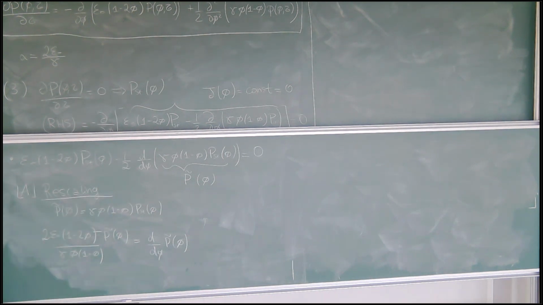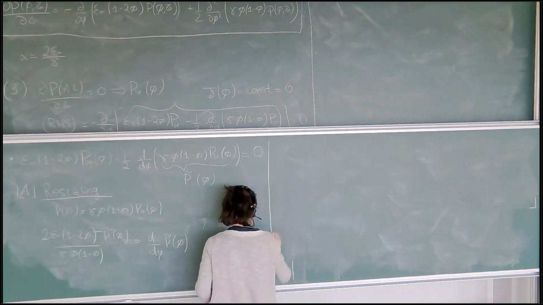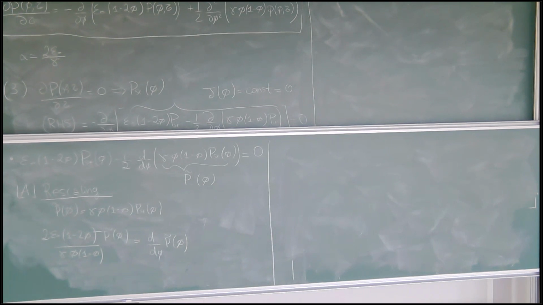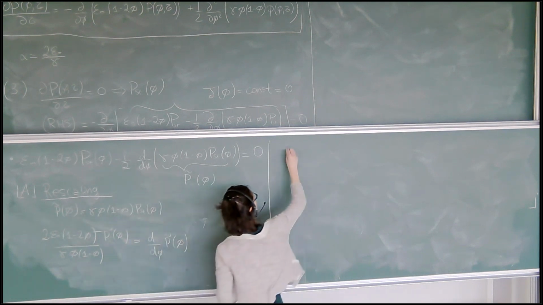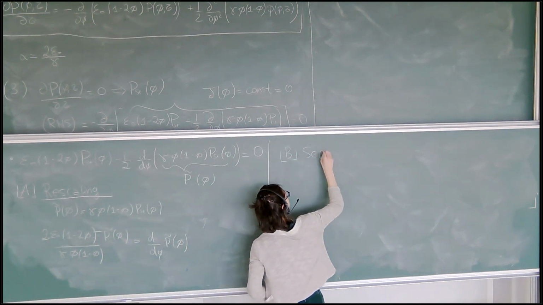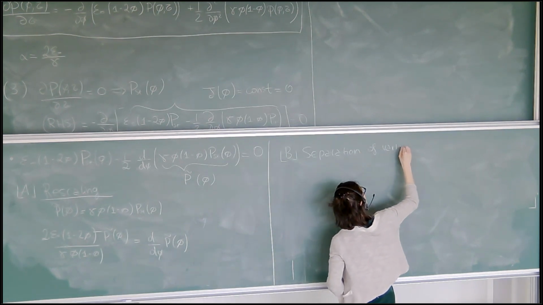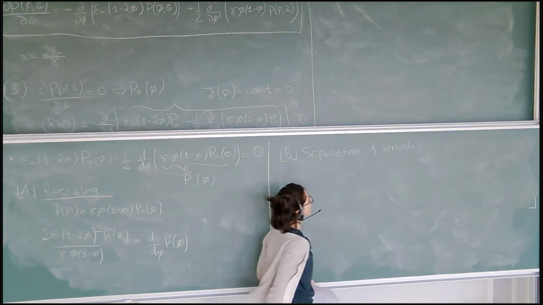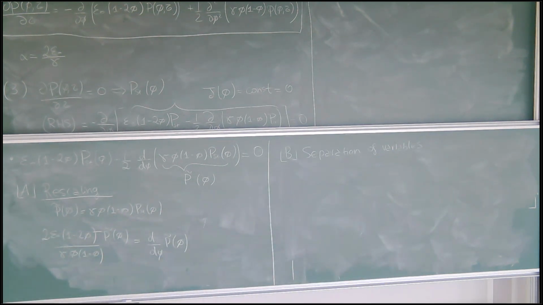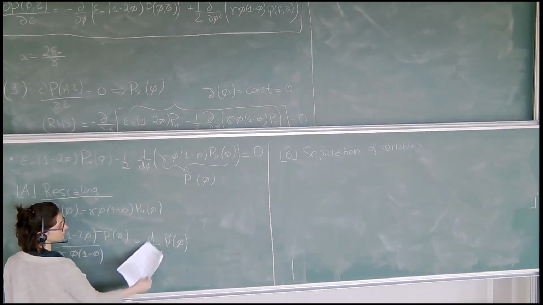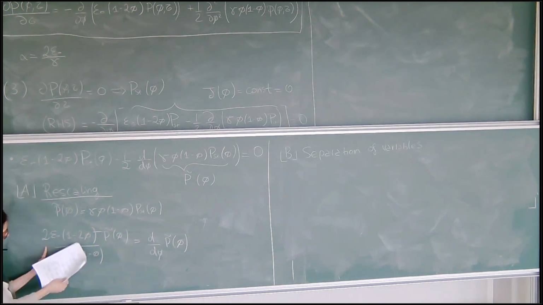And now once I did this rescaling, I can do something very easy, which always comes out from the structure of this equation, which is that I can integrate this equation with separation of variables. So in a nutshell, separation of variables, you've seen examples in the lecture already, means that I bring on the right-hand side all the terms which depend on phi, and I leave on the left-hand side all the terms which depend on p tilde.